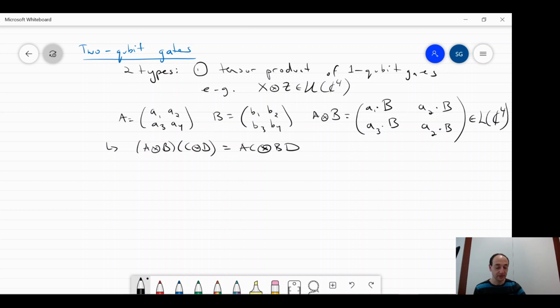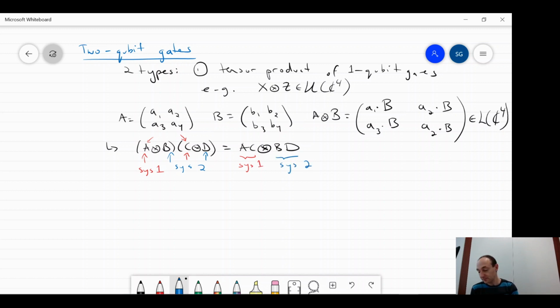Typically we'll think of these as system 1, if you will, like the first qubit, and these as system 2. What this basically says is that everything on system 1 comes together, everything on system 2 comes together. So in system 1, I had this one and this one, A and C, those are the red ones. And indeed, here you see them together on one side, and here you see system 2.